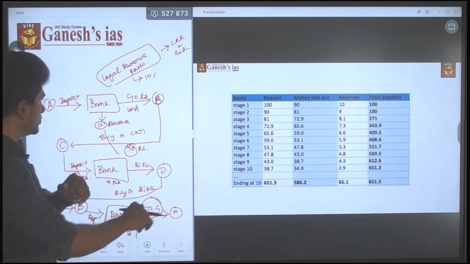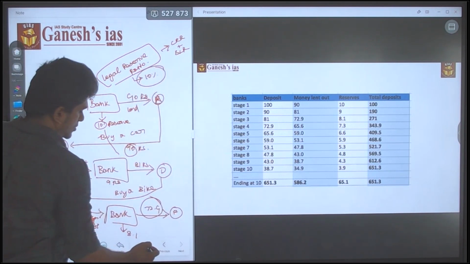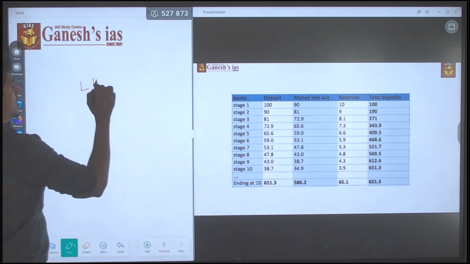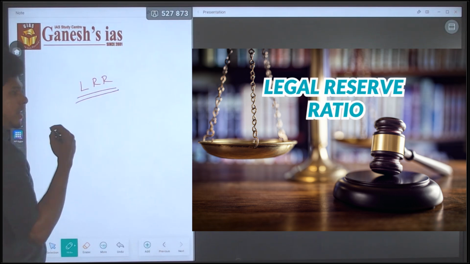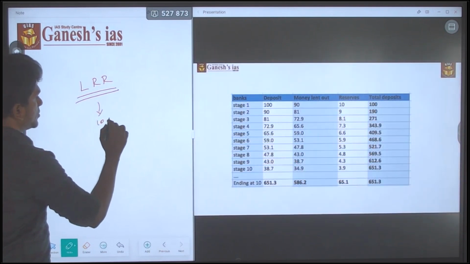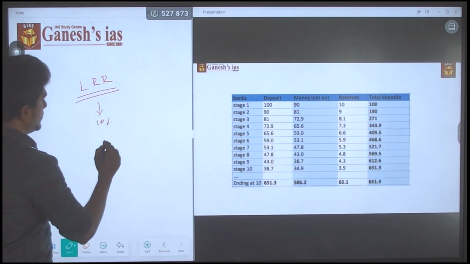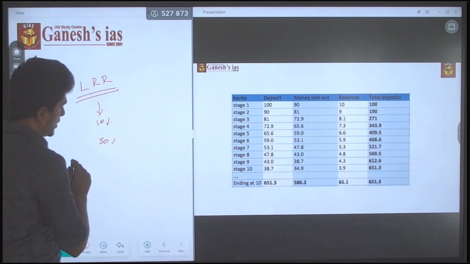Now, the legal reserve ratio. For our example, I take it as 10 rupees, or 10%. Consider if it is 50%, what will happen?